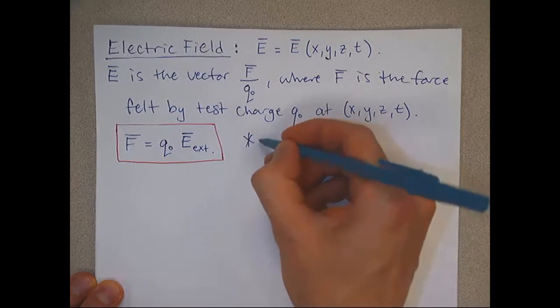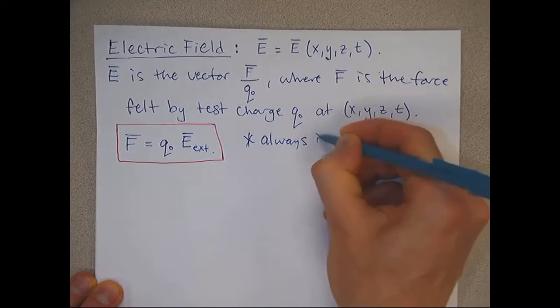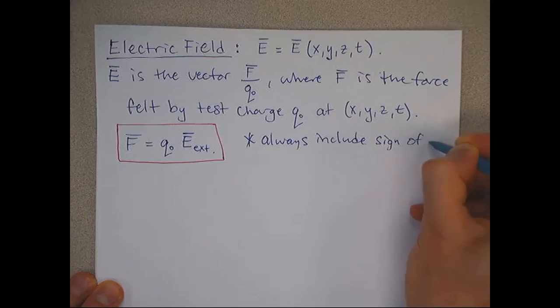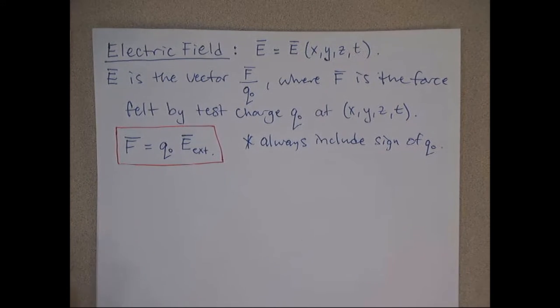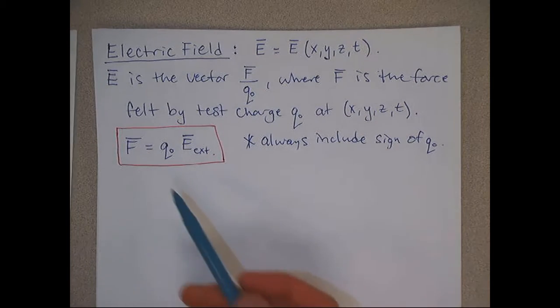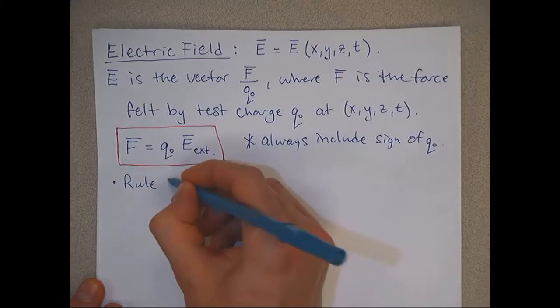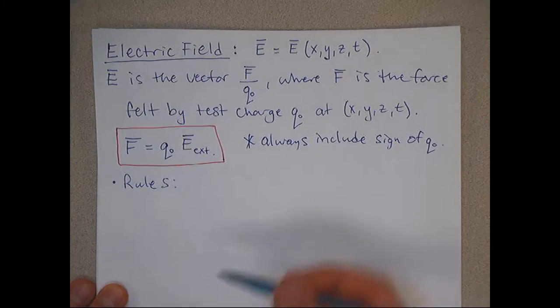It's important that in a vector equation, you must always include the sign of the charge. Usually a test charge we'll be thinking of as a positive charge, but this formula will apply in any problem-solving situation, even when the charge is negative. So you can either memorize rules like this, or just think about the vector directions and the sign of Q.